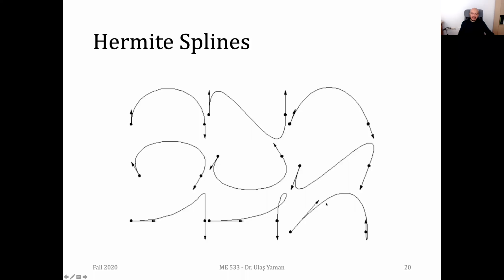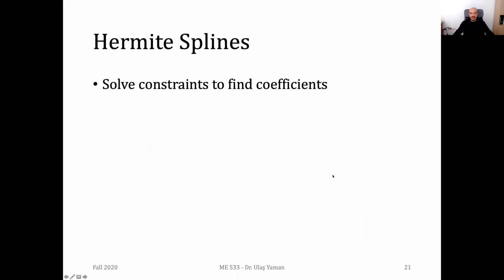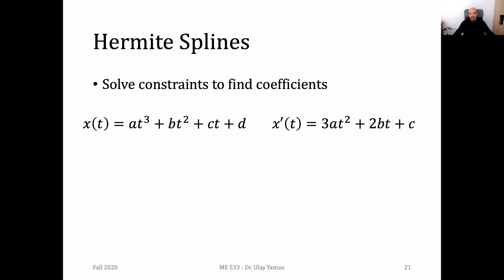They are all cubic, but obviously not the same. The tangents are affecting the profile of the splines. I'm not going to discuss the details since in the last lecture we discussed them. We are using the constraints to find the coefficients. Since it's a cubic spline, we have A, B, C, and D, 4 coefficients.